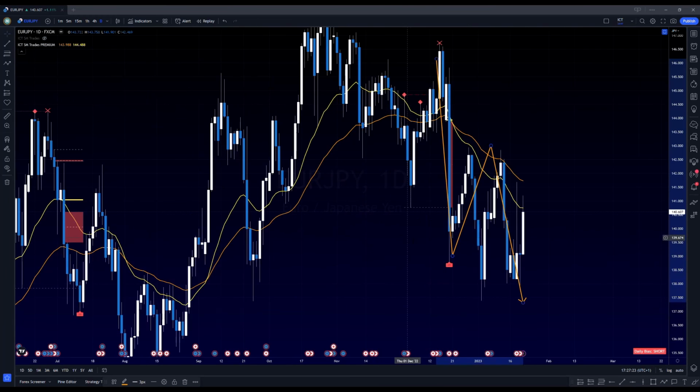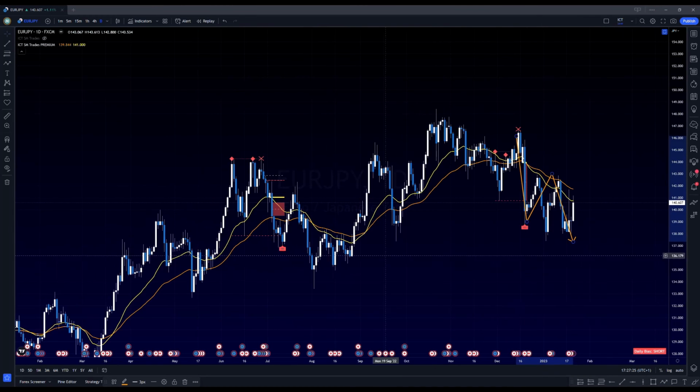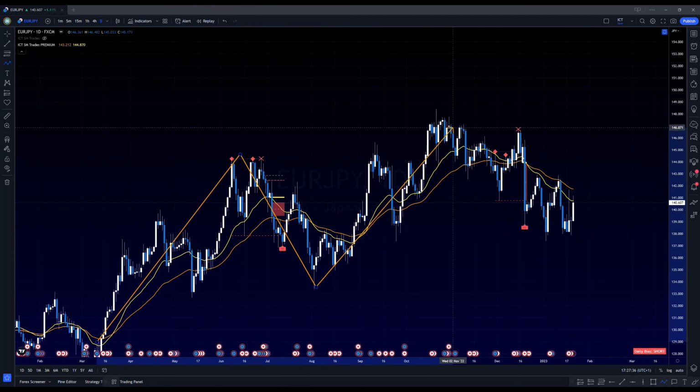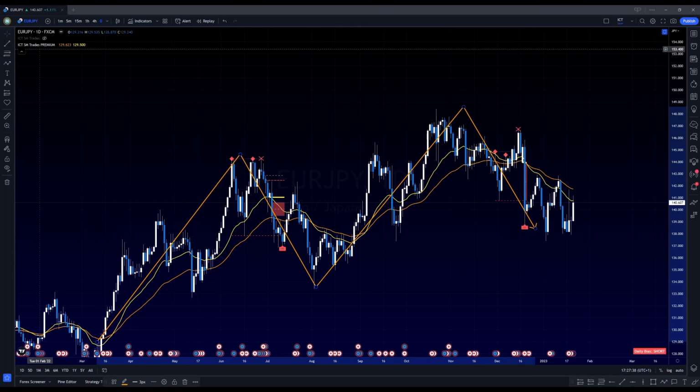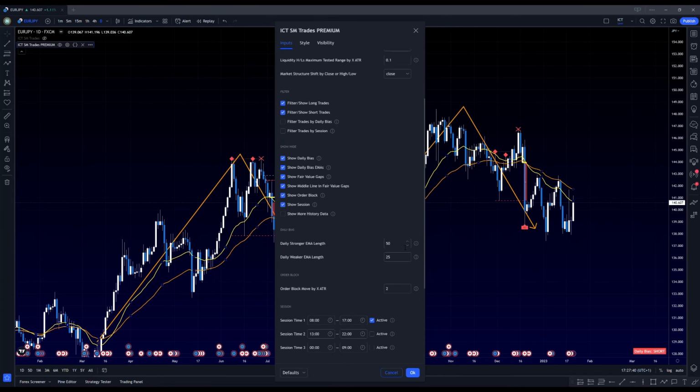Okay, but if we want to see this frame, for example, and we can see that we are in the uptrend from the higher frame, I can paint it with this. We are in an uptrend from the higher frame, so we have to set these EMAs to bigger values.